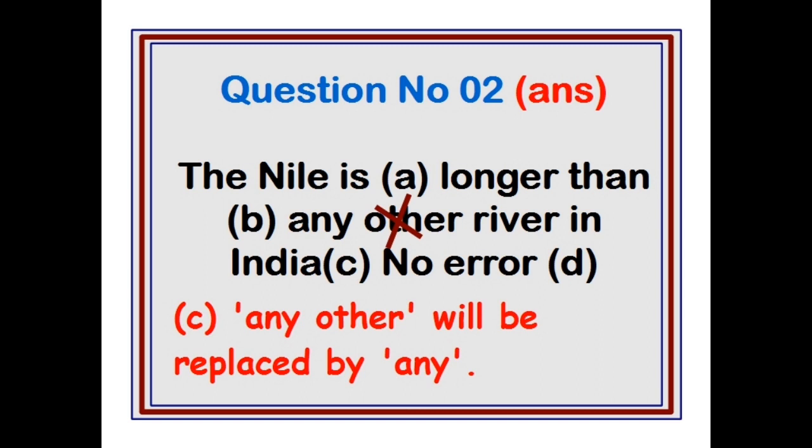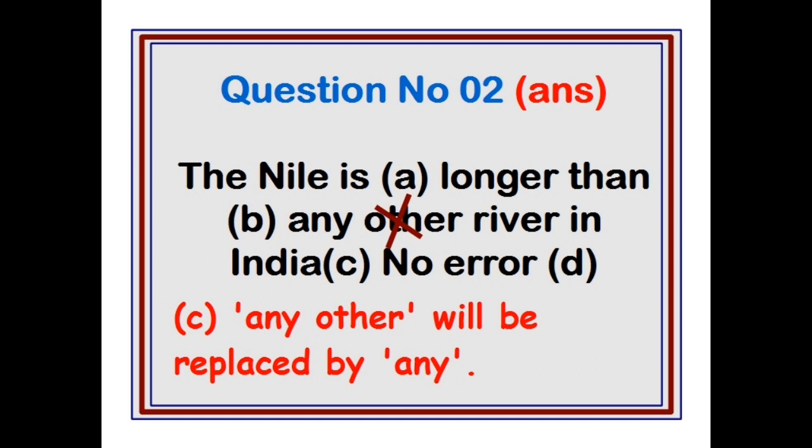But if I had to write the sentence this way, the Nile is longer than dash river in the world, then I should write, the Nile is longer than any other river in the world, because in that case the Nile will be included in the group.